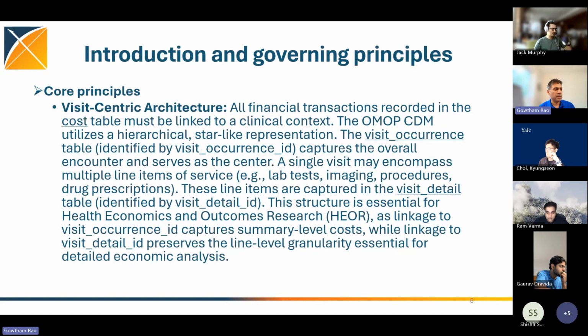The principle is for every visit occurrence ID, there can be 0 or more visit detail IDs, but there cannot be a visit detail ID without a visit occurrence ID. So this allows us to capture granularity. Now, I will talk to you about how the line level detail, essentially microcosting, is captured in the cost table, and the summary level costs are also captured in the cost table.